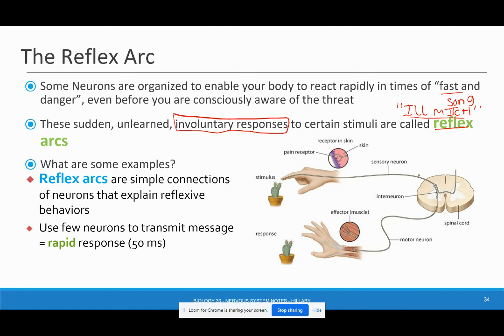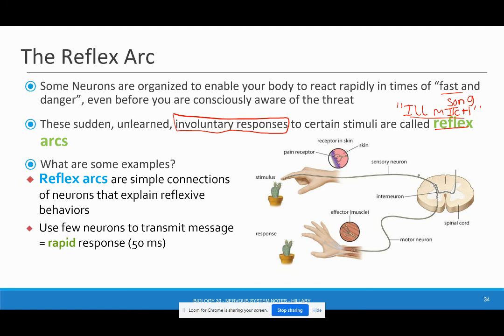And reflex arcs are quite simple. They involve the same five elements I've been going through. But the key here is that a reflex arc can bypass the brain. So if we take a look at the diagram in the bottom right-hand corner, it starts with a stimulus.